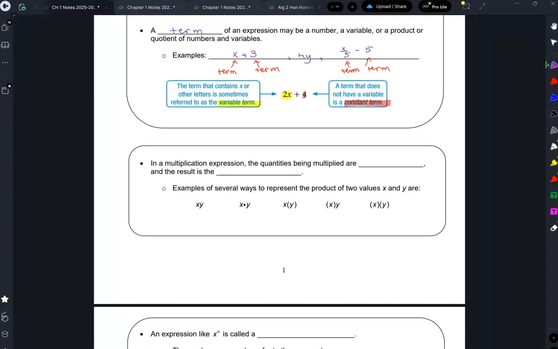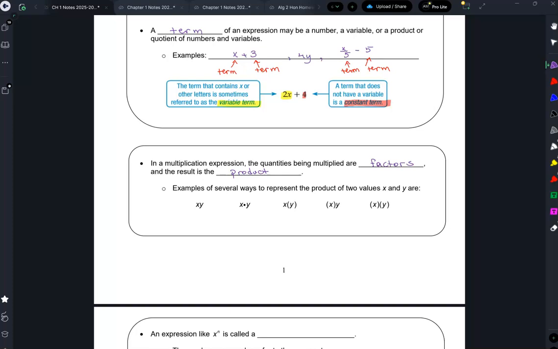In a multiplication expression, if things are being multiplied, they are called factors. So you multiply factors and then the result is a product. If you're multiplying two things, there are many ways to write them.